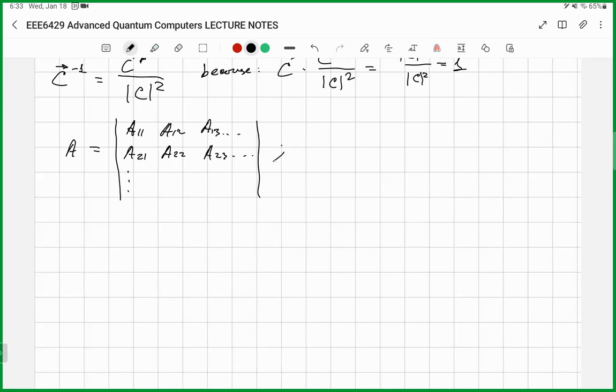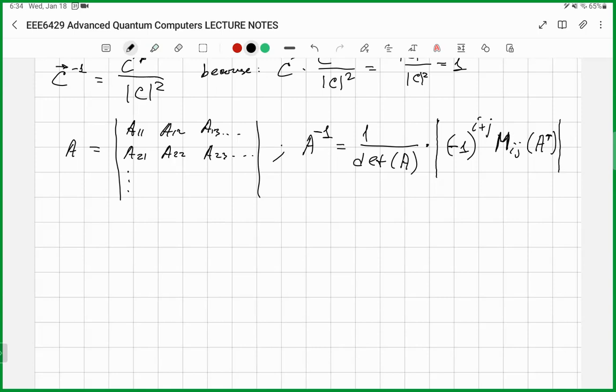The formula for the inverse matrix A will be 1 over the determinant of the initial matrix times another matrix of this construction: minus 1 to the power of i plus j, we already saw this when we discussed the determinant, times the minors, the matrix of minors, ij of the transposed matrix A.